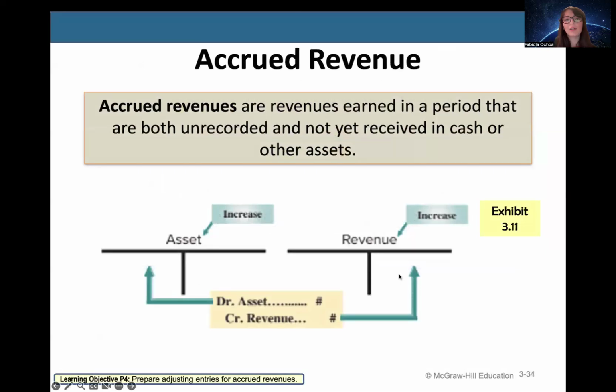Okay. Now, accrued revenues. Accrued revenues are revenues earned in a period that are both unrecorded and not yet received in cash or other assets.